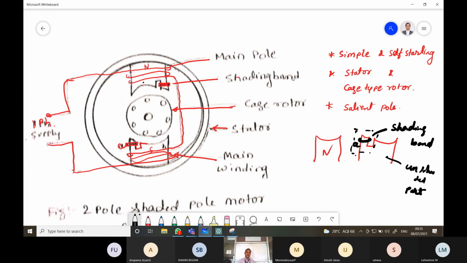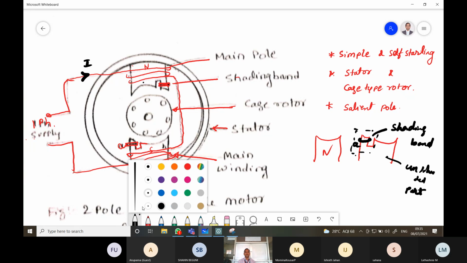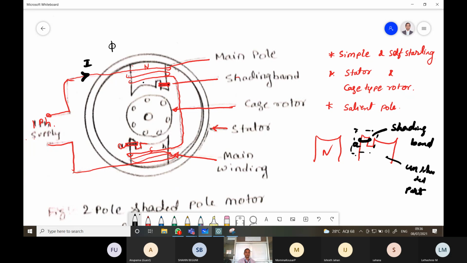When alternating current flows in the field winding, that is, when you apply AC supply, alternating flux will be produced in the field winding.